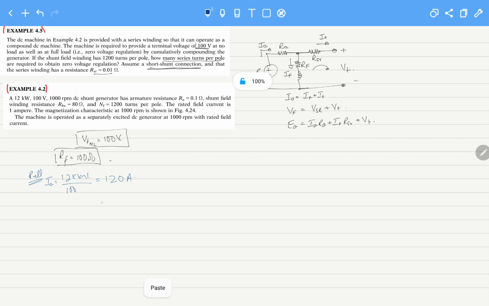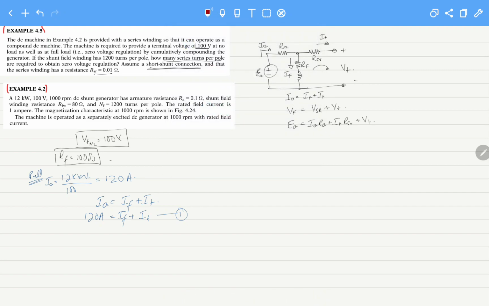So the armature current equals the field current plus the terminal current, which equals 120 amperes, equal to IF plus IT. This is equation number 1.